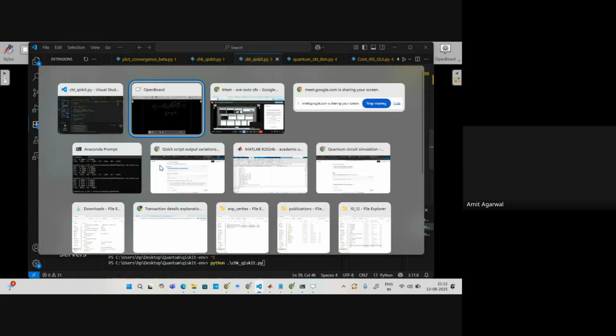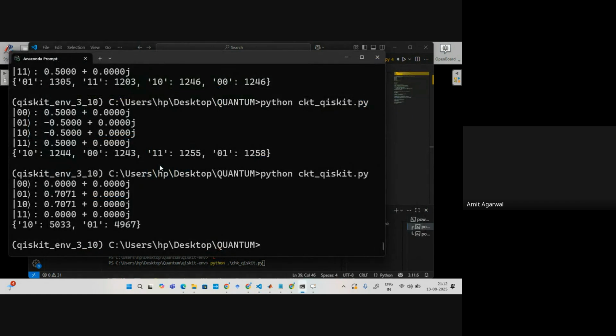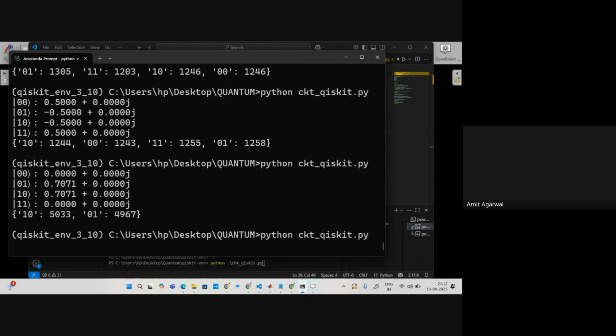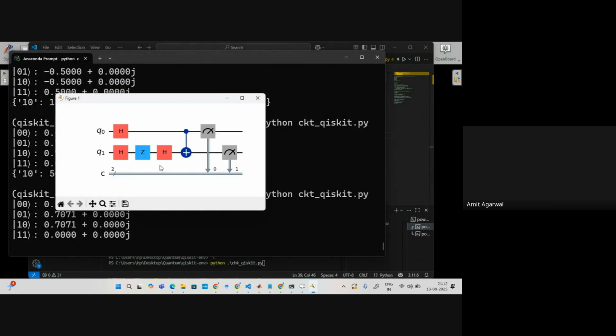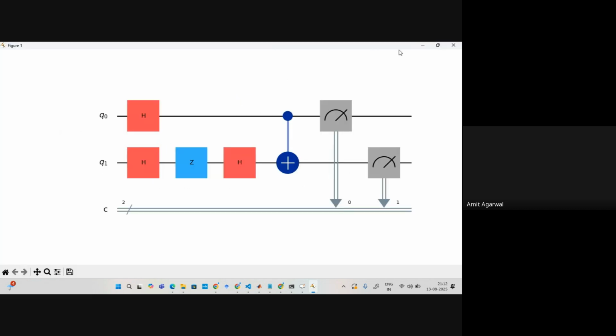So let's do it. For that, I have already installed Miniconda, and all the packages are also already installed in a virtual environment. So let's run it. As you can see, this is our original circuit which we want to analyze.